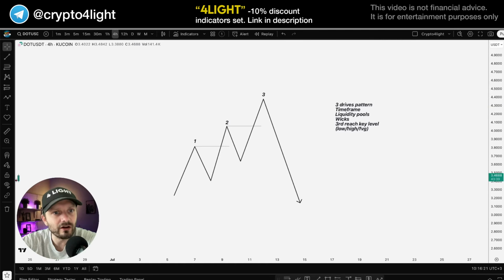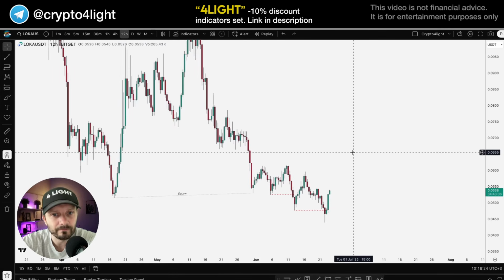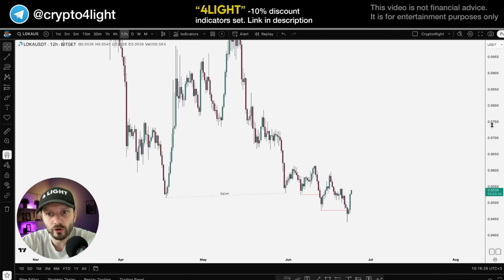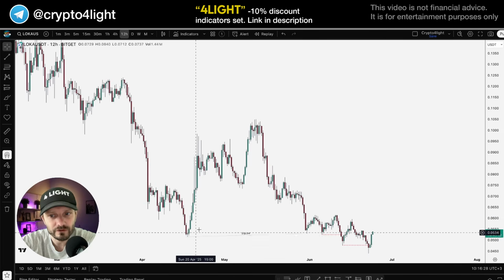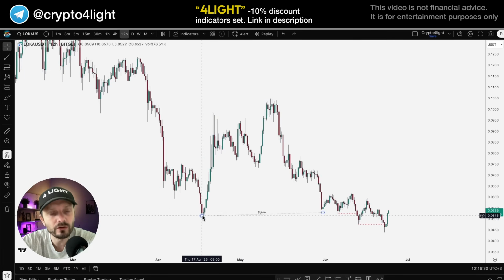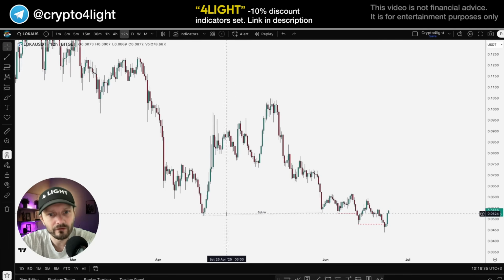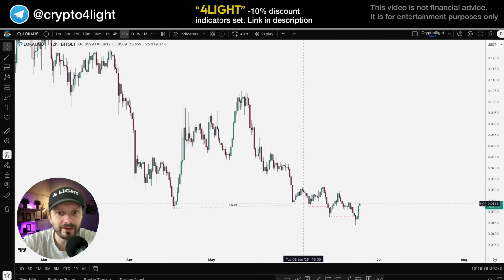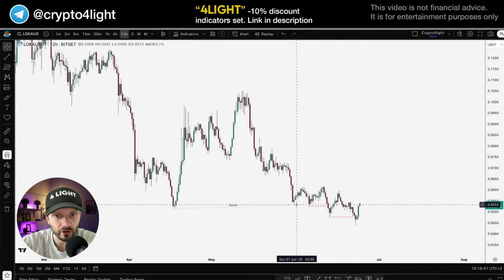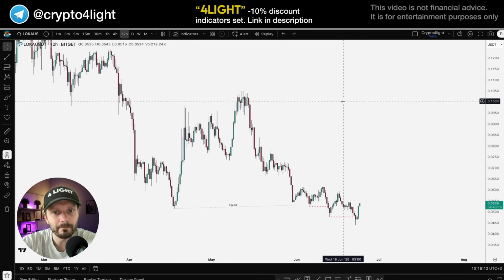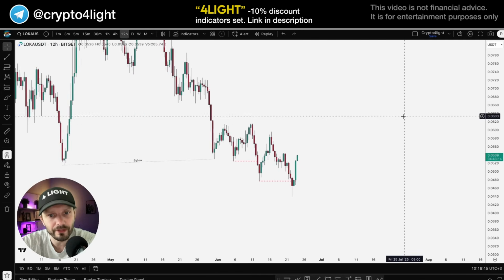How does it look on the chart? This is Lockup. So for example, we form the low. So it was formed at the historical low, bounce. It's a 12-hour time frame. Drop back, form the equal lows. We can form the equal lows and continue the rally higher, but we start to form the three drives pattern.